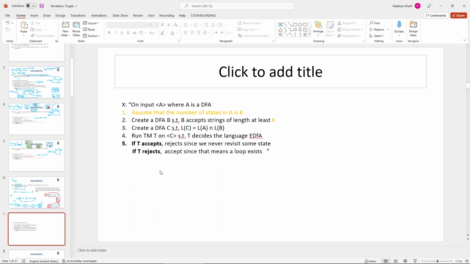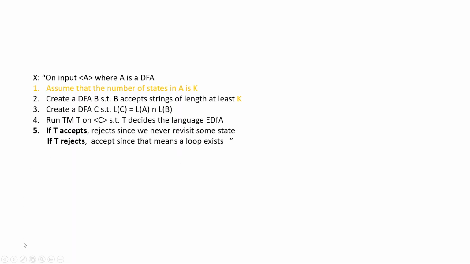Okay, that's sort of it. Again, let me just draw this machine. So DFA B starts off at Q0, goes to Q1, and keeps going until it reaches Qk.